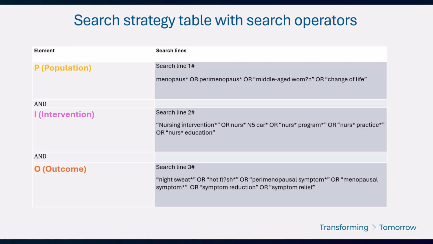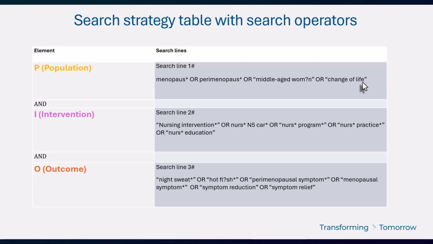We have broadened our question slightly after some preliminary reading and searching to include both night sweats and hot flushes, which are similar perimenopausal and menopausal symptoms, and which may yield more results in terms of our nursing interventions. We have also added a few more key words from our brainstorming process, which includes the colloquial expression change of life, to also signify menopause.